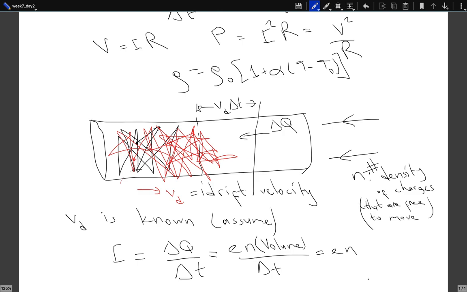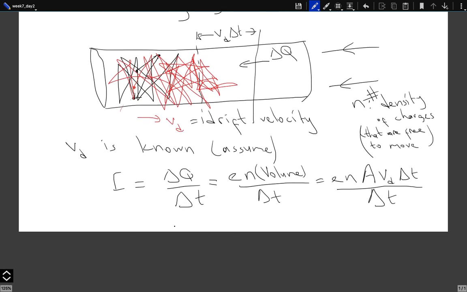The cross-sectional area is A, the height is Vd delta T. So the current is actually E, the charge of the charge carriers, multiplied by N, the number density of charge carriers, times Vd times A.